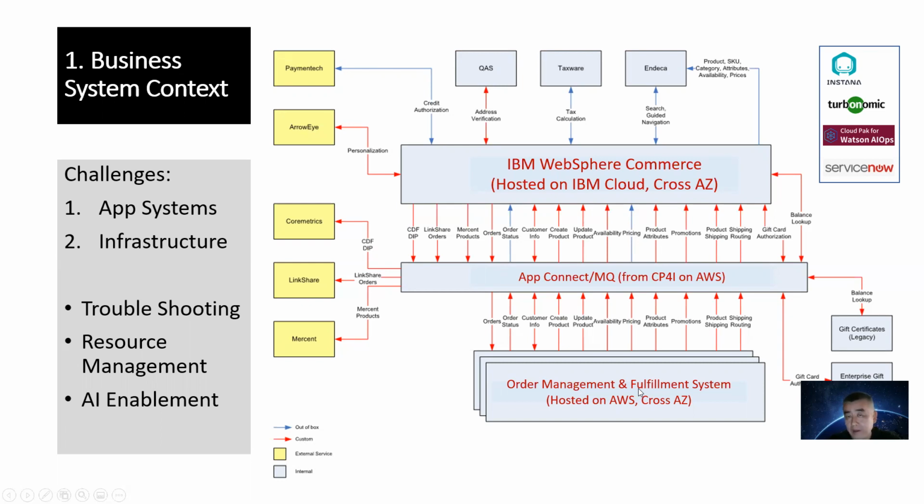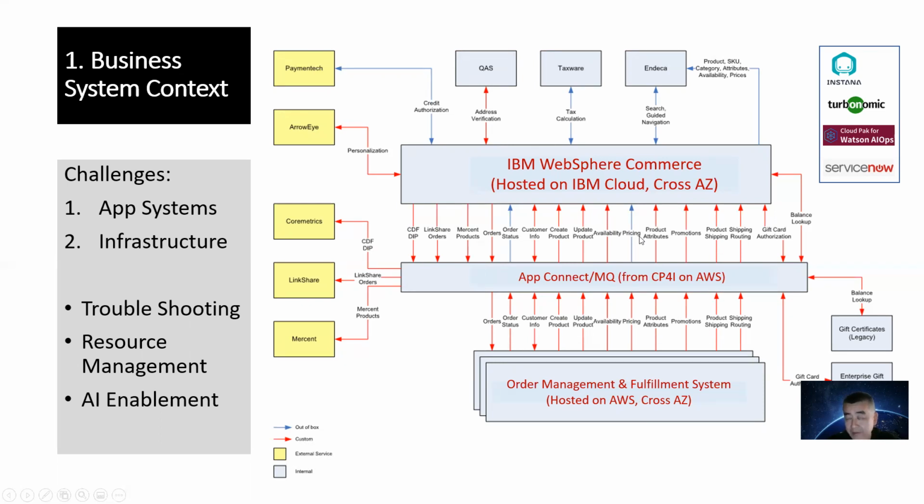So now, when we look at this system, number 1, the system is sophisticated, with a lot of services involved, external services in yellow and internal services in blue. It could be the address service, tax service, and the payment service or the gift card service, all those kinds of things. And the core service is 3.